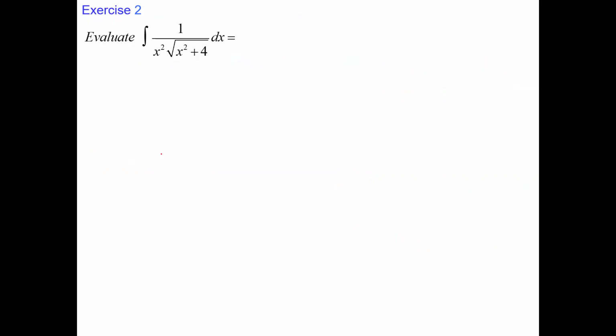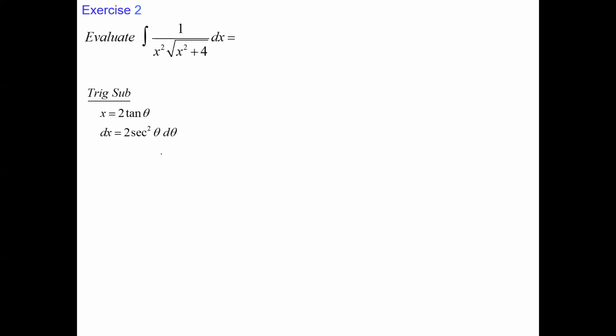Okay, now we have the integral 1 over x squared times the square root of the quantity x squared plus 4. Now we know that the substitution will be tangent theta, because it's x squared plus the quantity, with coefficient 2. That's we have x equals 2 tangent theta, dx equals 2 secant squared theta d theta. Okay.